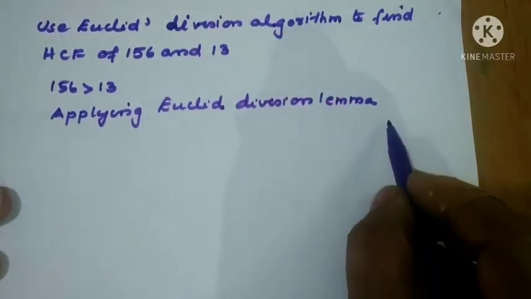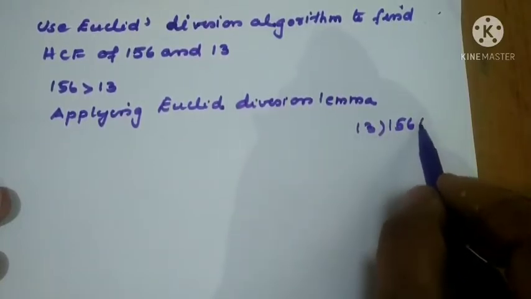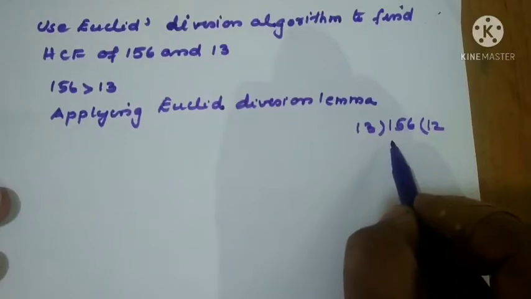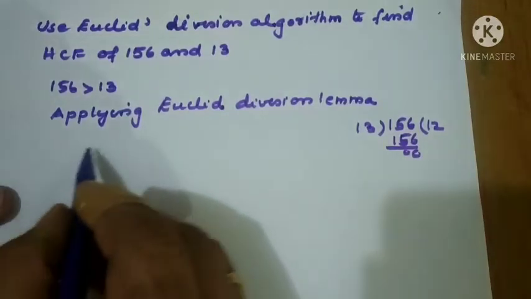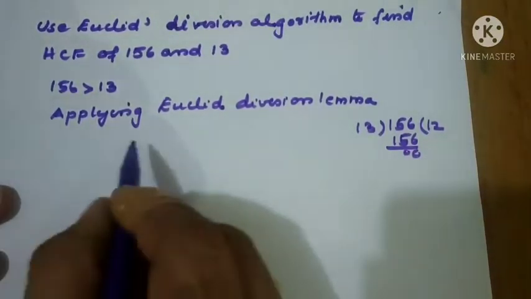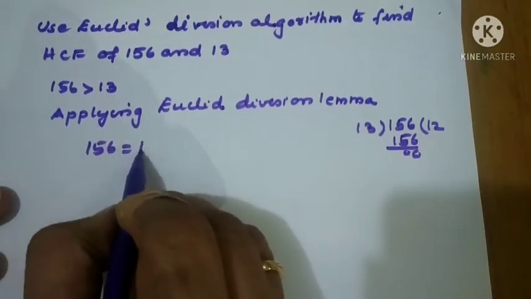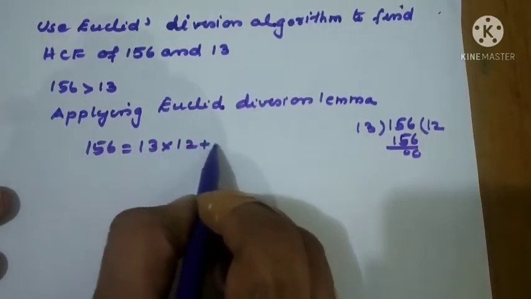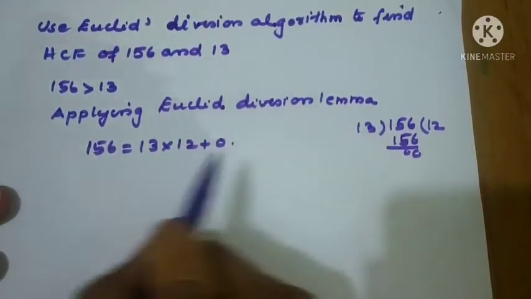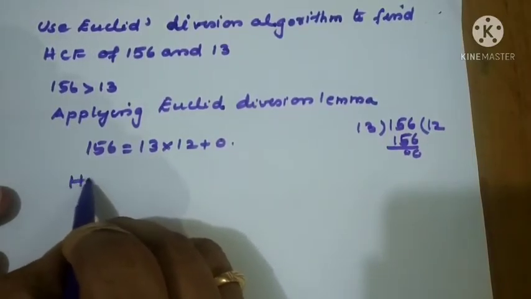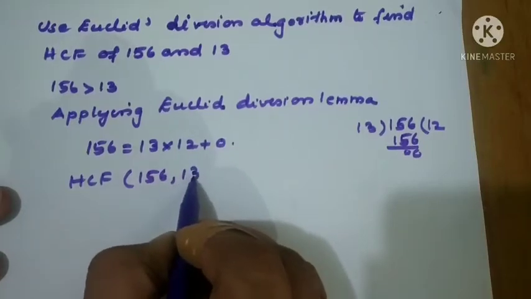If you want, you can divide and see here: 13 goes into 156 exactly 12 times, so the remainder is 0, right? So we write 156 equal to 13 into 12 plus 0. The remainder is 0, so the step is completed. The last divisor is 13 only. So HCF of 156 and 13 is equal to 13.